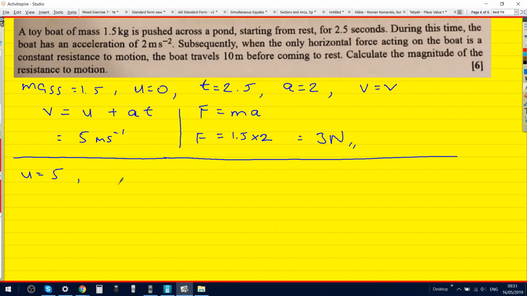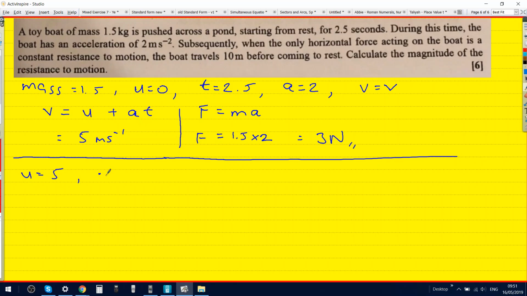Is it SUVAT again? Yep. So get all of our values again, except this time we've got v as u. And now what are we looking for? Resistance to motion, but what would that be?